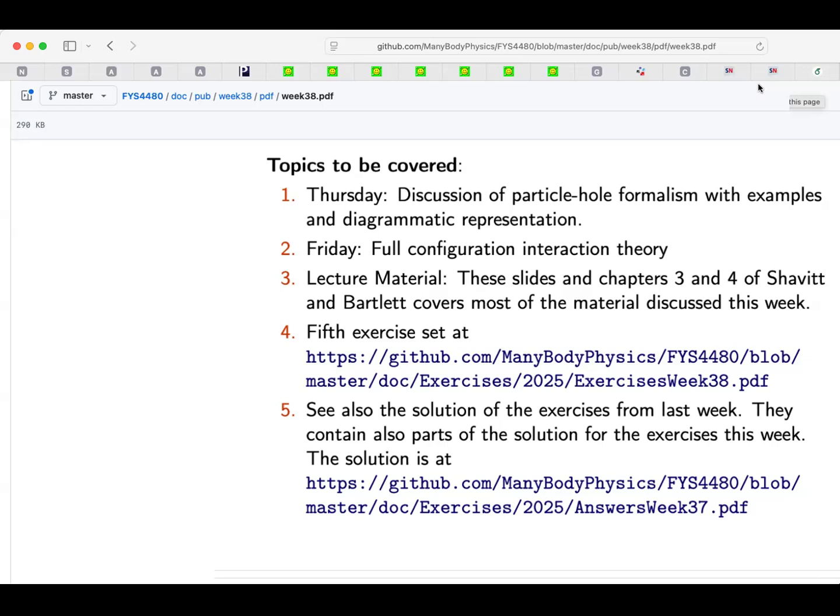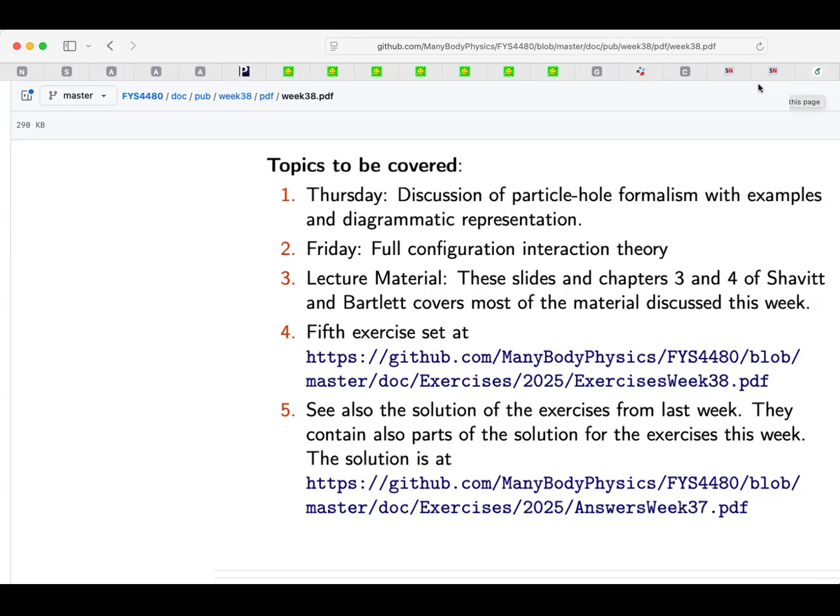Now, one thing which I did, because I wanted to cover this more like a regular lecture, instead of having a video recording from last Friday: for last Friday, what I did was to add the solution to the exercises for this Lipkin model. But the solution which you will find there is an extended solution, which also has the solution for the exercises this week.